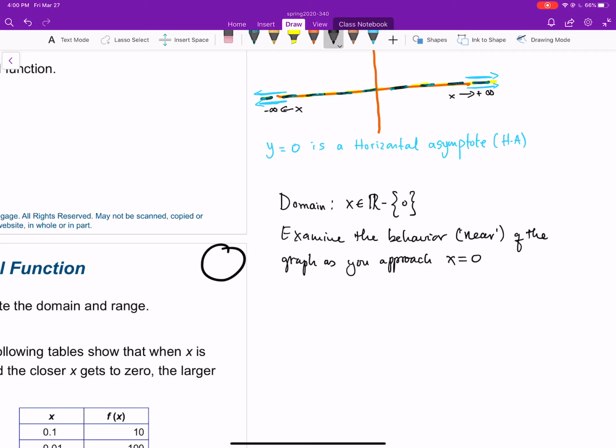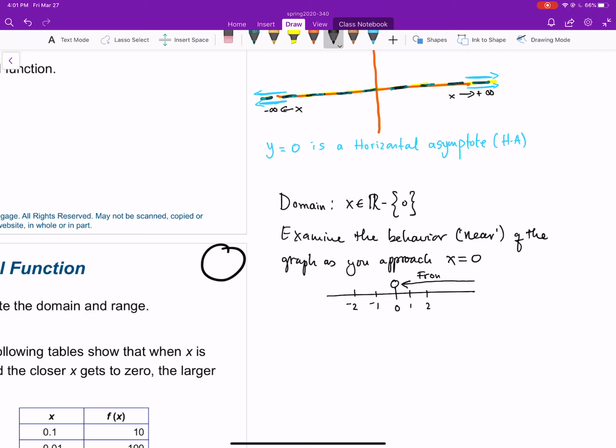We know that 0 is not part of the domain, but we want to know what happens as I get closer to 0. And so if I put 0 on the number line, I know I'm not supposed to get there. This is 1, that's 2, that's -1, that's -2. Then we can look at what happens as I get close to 0.